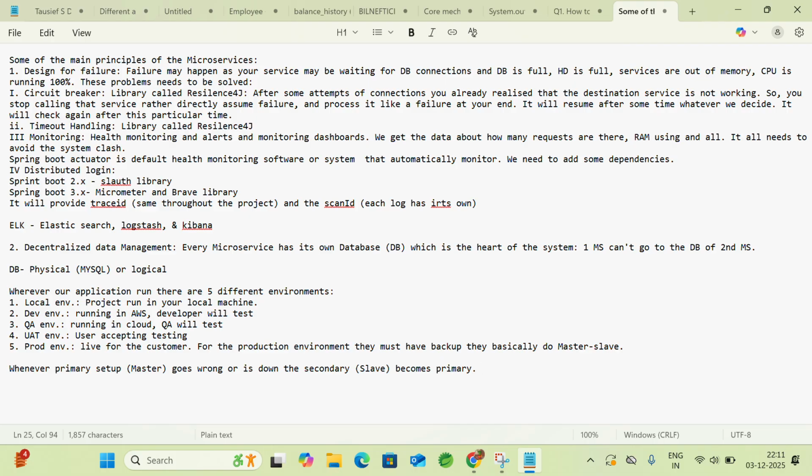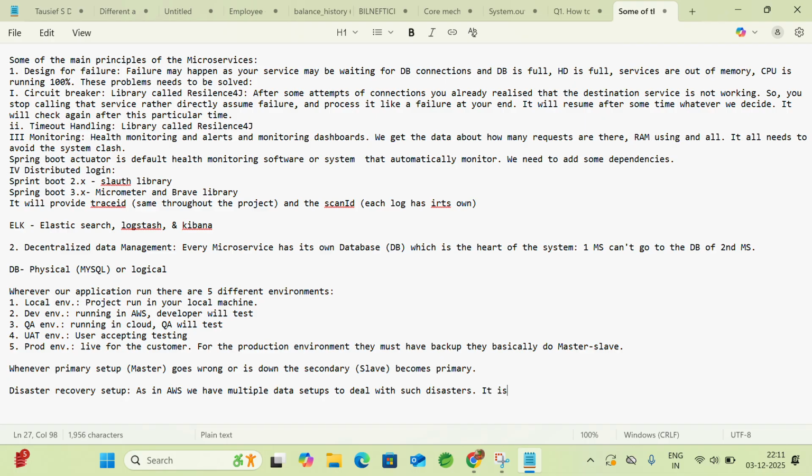This is how it works. So for this we have a disaster recovery setup. As in AWS, we have multiple data setups to deal with such disasters.